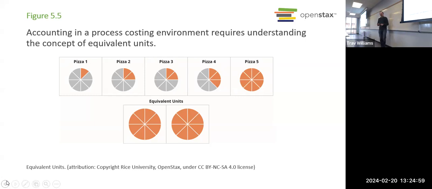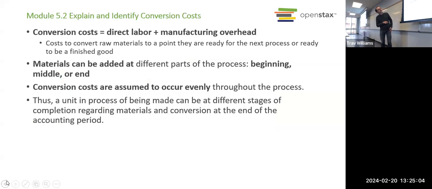Okay. So we will be working with that quite a bit today. Any questions? So we know what conversion costs are, right? It's the labor and the overhead that go into converting that material into a finished product. Right?